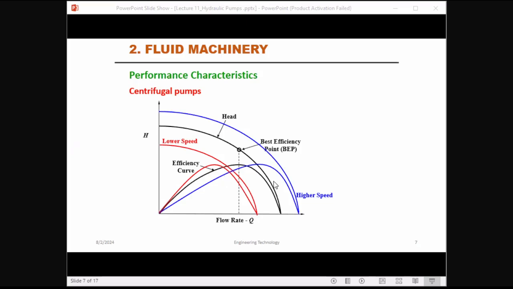This helps to identify issues in the pump like cavitation, and improper installation of the pump you can also identify according to these characteristic curves.